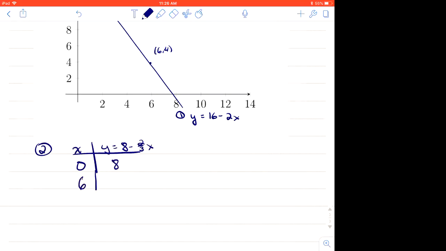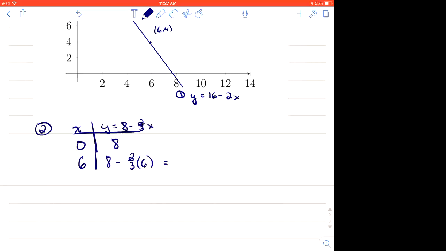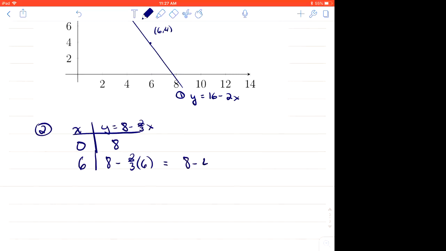It's one method. Picking the same x values, it's fine. So then y must be 8 minus 2 over 3 times 6. 6 divided by 3 is 2 times 2, so 8 minus 4 is 4. So on this line, we have 0, 8, and 6, 4.